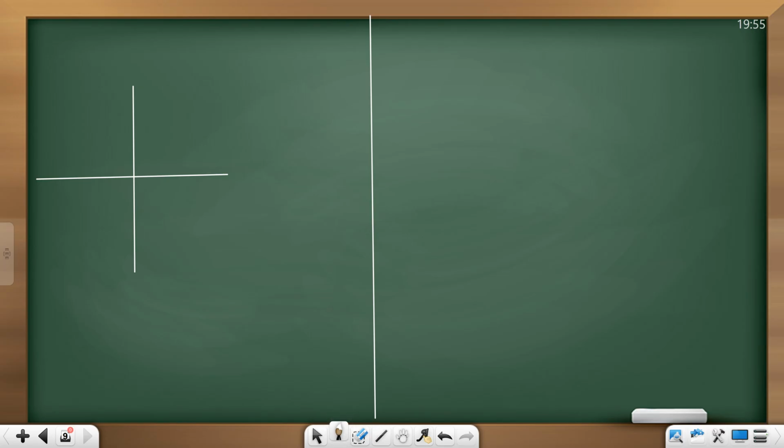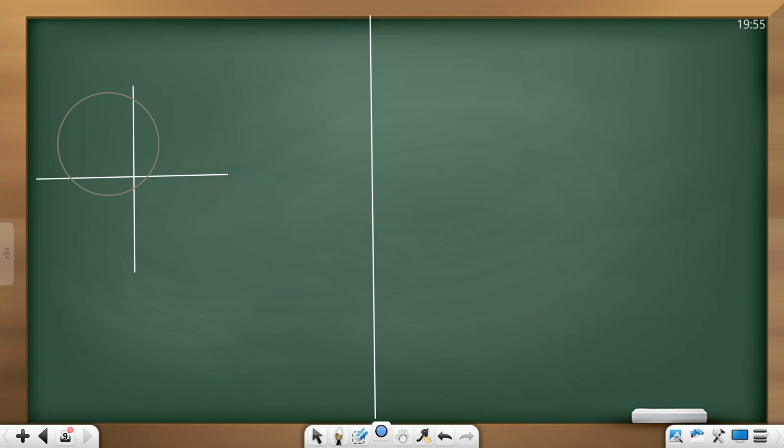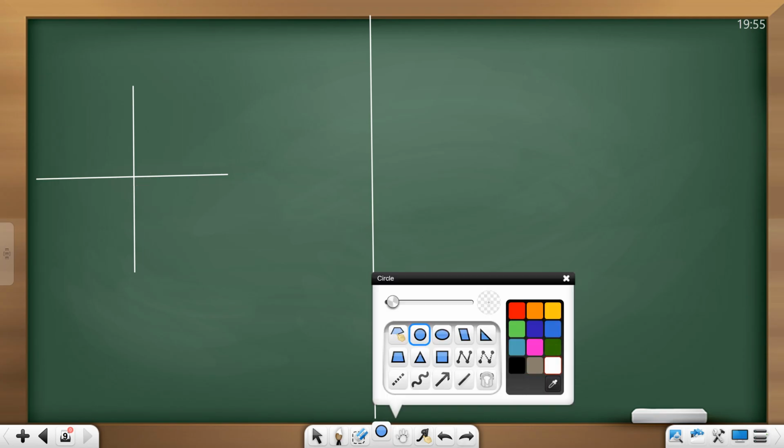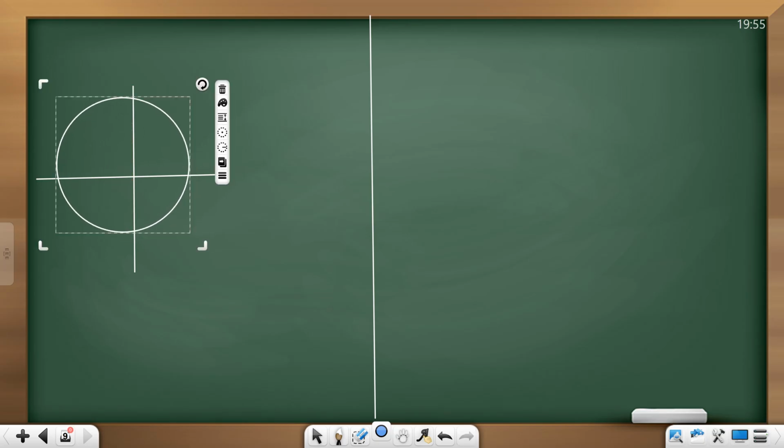The center is -1 and 4. Okay, it's not drawn to scale, guys. And the point x is 3, y is 1, that is 3, 1, lies on the circle.